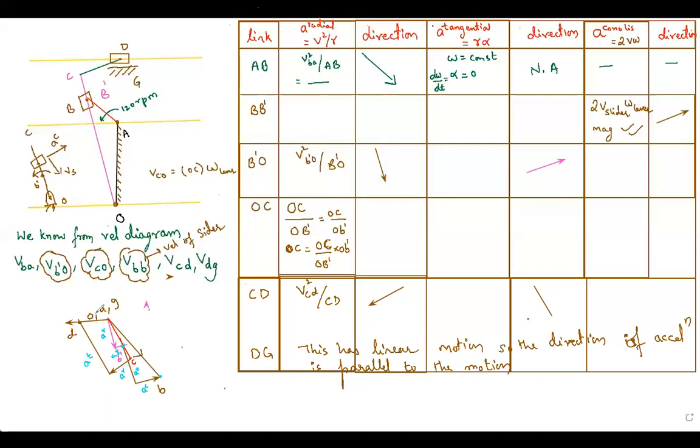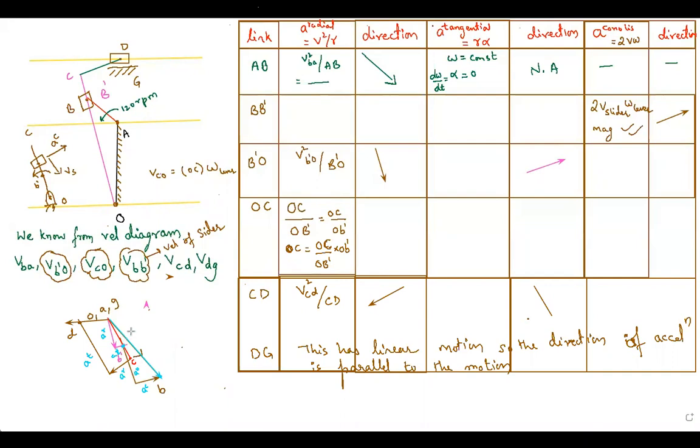So now joining all these things properly, you will get an acceleration diagram. I'll show you how to join. So let's take a darker color. This is the first link which you should know about, which is the absolute value. And next, I have connected two things, right? So we can draw it in this manner.